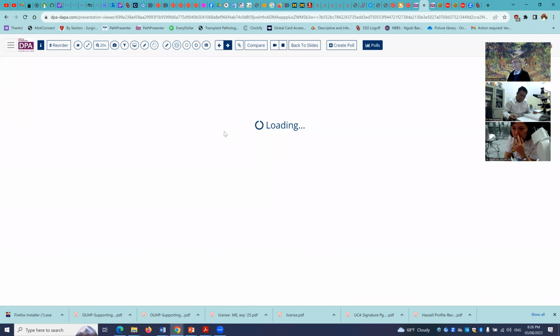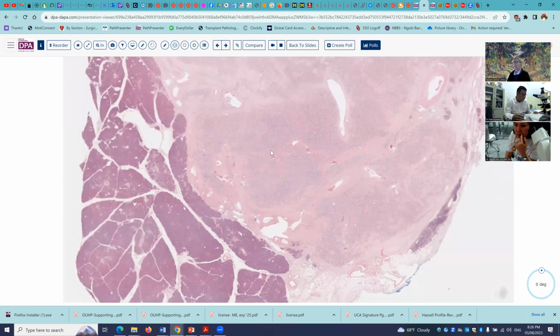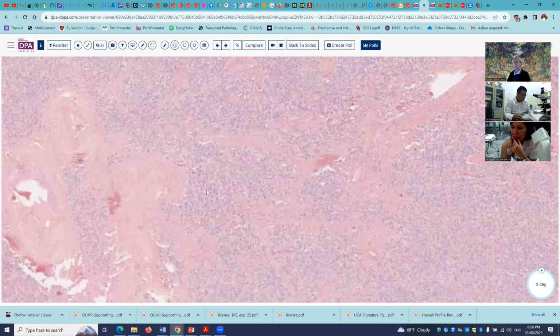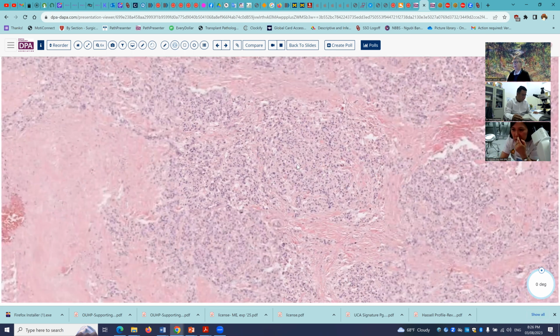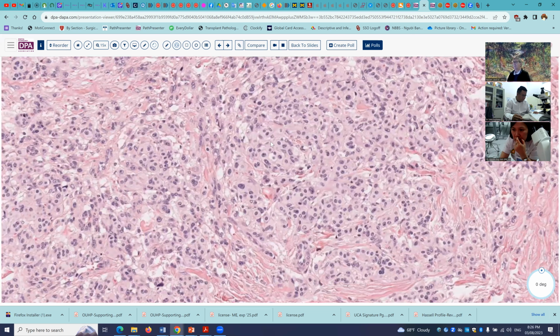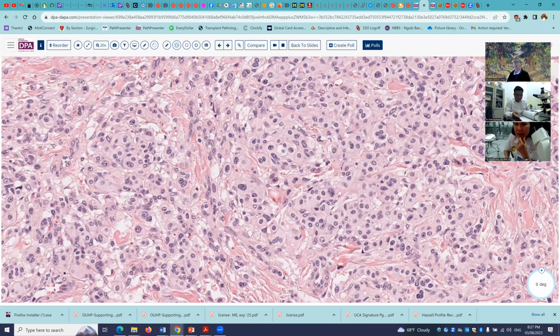Here, another tumor in the pancreas. Again, a slightly paler morphology. And here you can see some intervening fibrous tissue, but epithelioid appearing cells, fairly abundant cytoplasm. Now notice here that we begin to get a degree of nuclear pleomorphism.